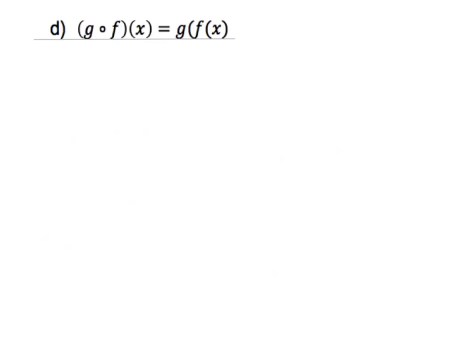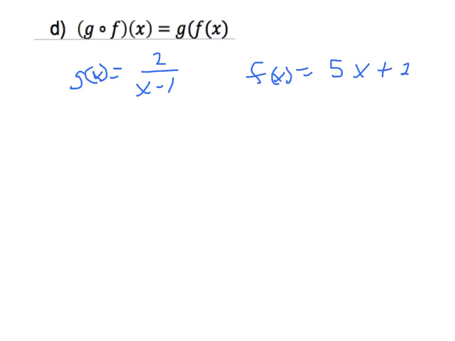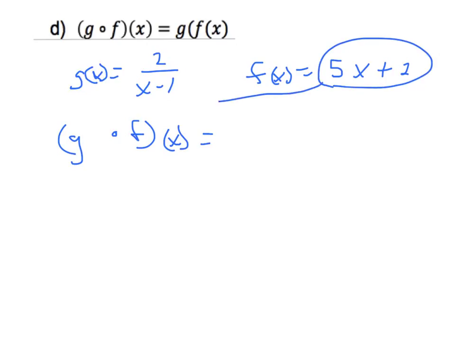Okay, so remember, we have our g function. Remember, g of x was equal to 2 over x minus 1. And remember, our f of x function was equal to 5x plus 2. This time, since I am finding g of f of x, that means I am going to substitute this function right here in for the x value right there.